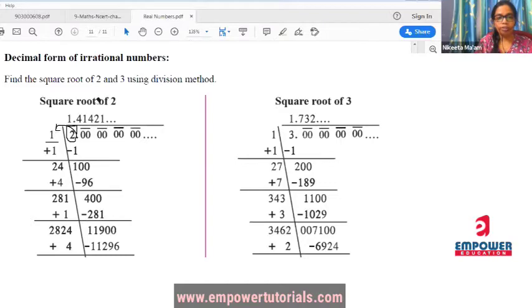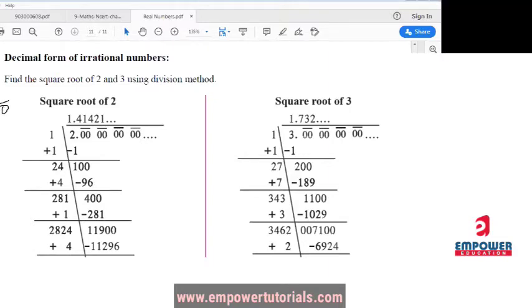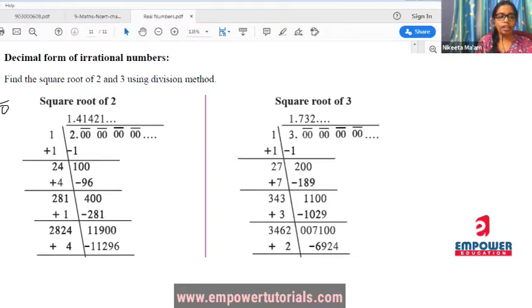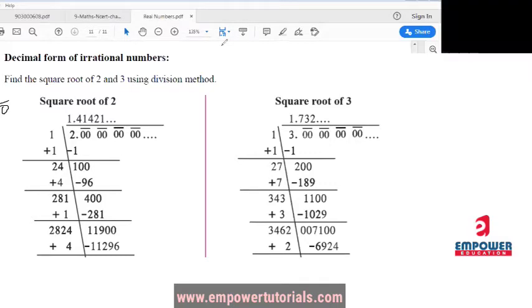Now many of you must have a doubt. If we want to find the square root of 5, are we going to take 4 here, since 4 is the perfect square? Am I right? Yes, anyone?